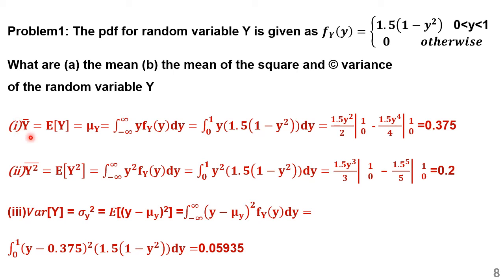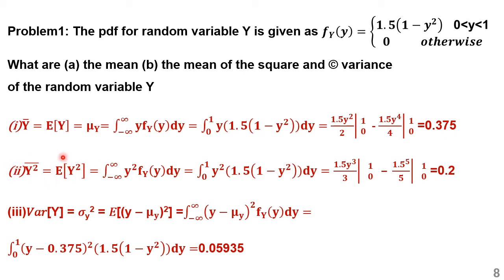First, let us find the expectation of y, that is also known as y bar, that is the mean, mu y, which is the integral of y fy of y dy, with the limits 0 to 1. When we simplify this, we get the answer as 0.375.